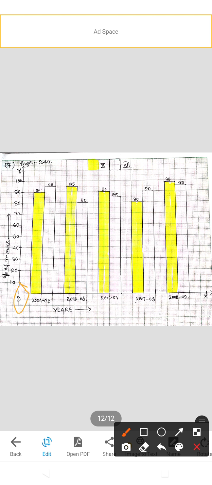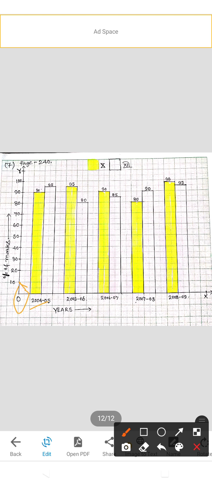So in the 2004-5 session, the pass percentage of 10 is 90 and 12 is 95. So represent 10 on 90 and 12 on 95. Clearly, on the bar graph, look at it carefully.